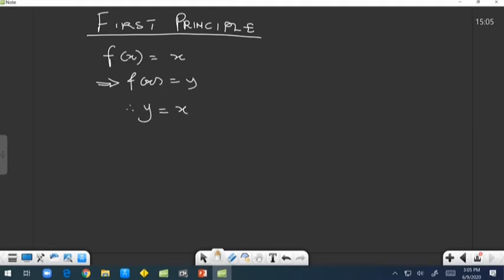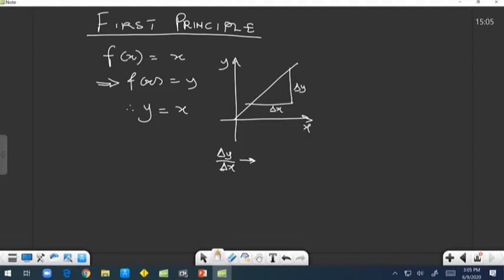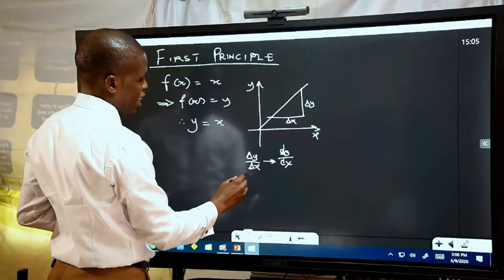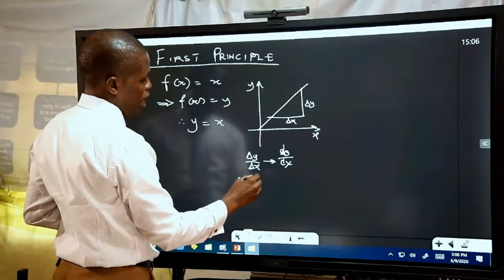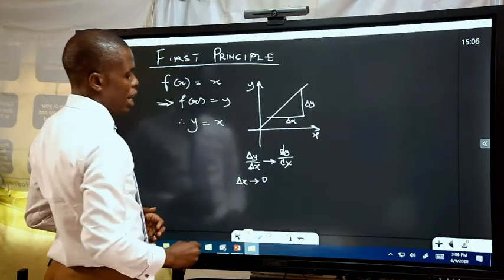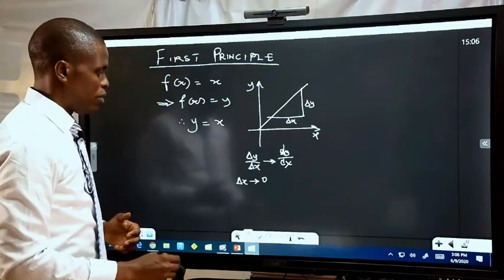So if we have this as a straight line representing y equal to x, we can find the gradient function, delta y delta x. So the gradient, which is delta y divided by delta x, we approach dy over dx as soon as delta x approaches the value of 0.